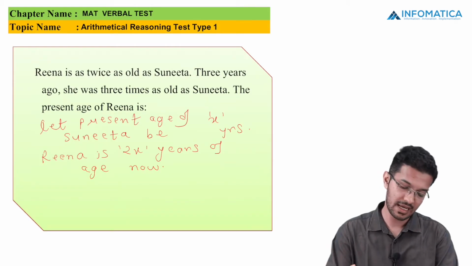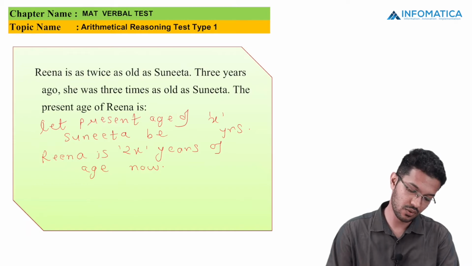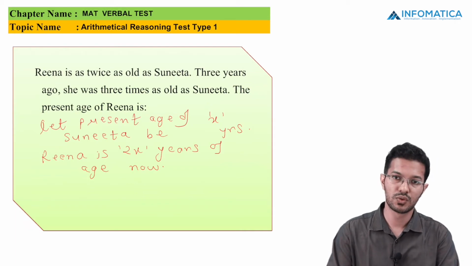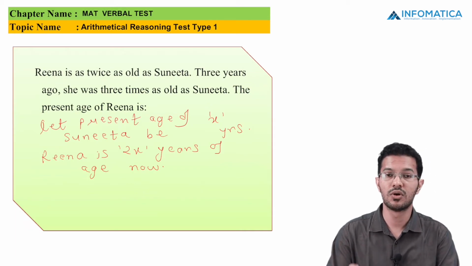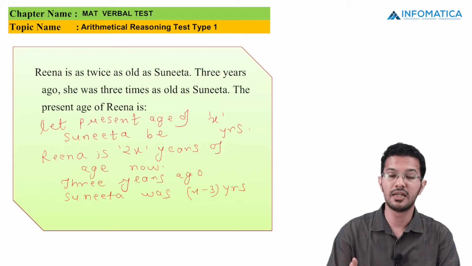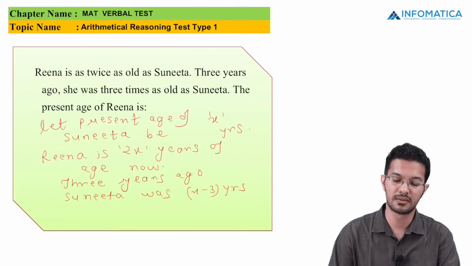Now students, they have told us that 3 years ago she was 3 times as old as Sunita. So now if we go for Sunita's age, I will write 3 years ago her age was x minus 3. And Reena was 2x minus 3.